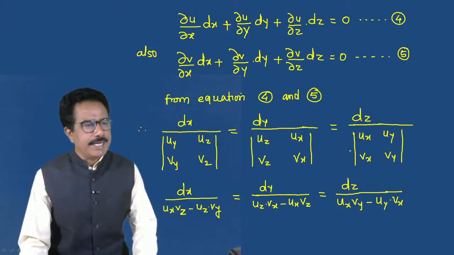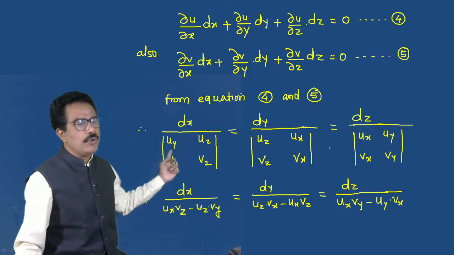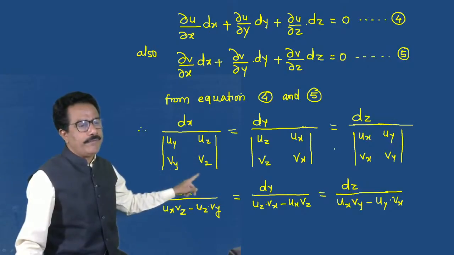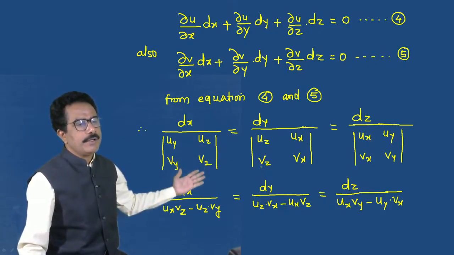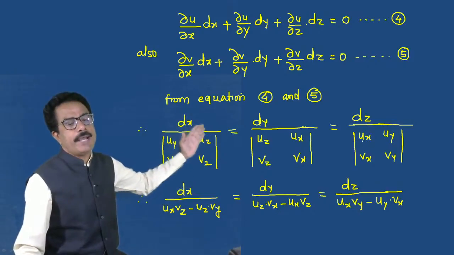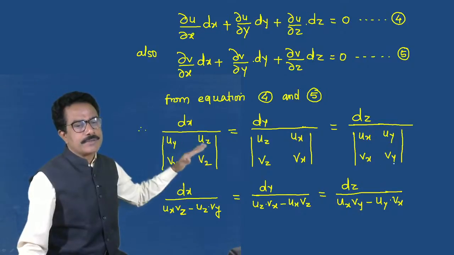In this way, we can reduce the equation to the form dx divided by the determinant uy, uz, vy, vz; dy divided by uz, ux, vz, vx; and dz divided by ux, uy, vx, vy.